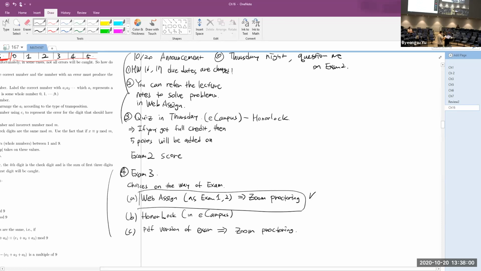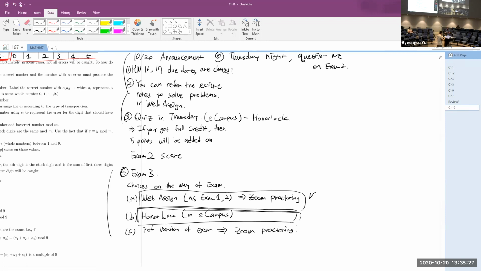The next option is you can use Honorlock in eCampus. But unfortunately, I cannot give you a time frame window because the department is worried about possible academic dishonesty. So in this case, you don't need to log into Zoom proctoring, but you need to serve your program at the same time as the exam time.